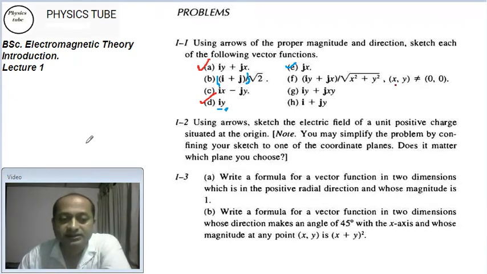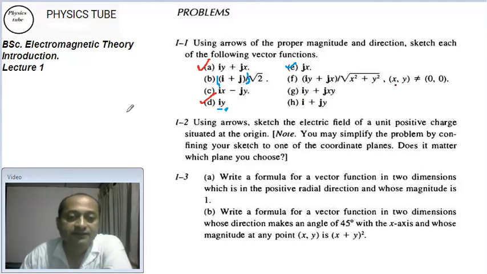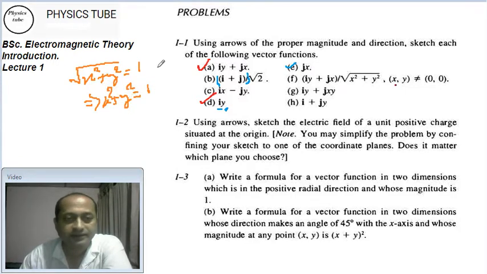First thing, they are saying write a formula for a vector function in two dimensions which is in the positive radial direction and whose magnitude is 1. So they have given the magnitude equal to 1. Whatever the formula may be, x squared plus y squared is equal to 1 squared, that is 1.